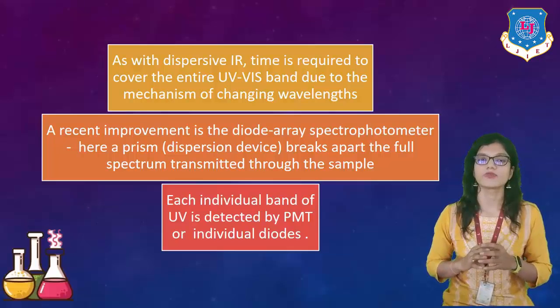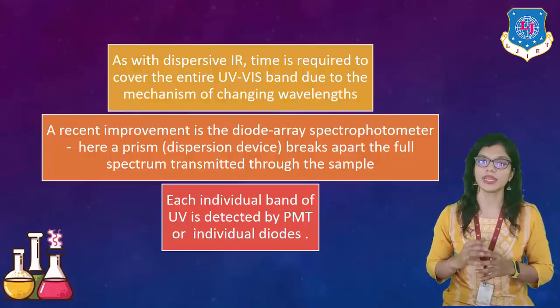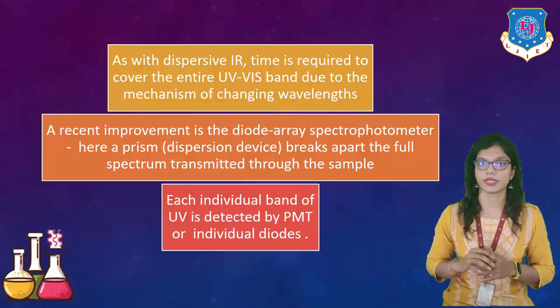So the samples which are transparent or colorless in nature are generally observed in the UV region, while the samples which are colored in nature are observed in the visible range.